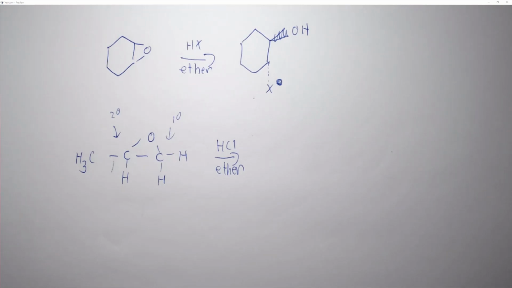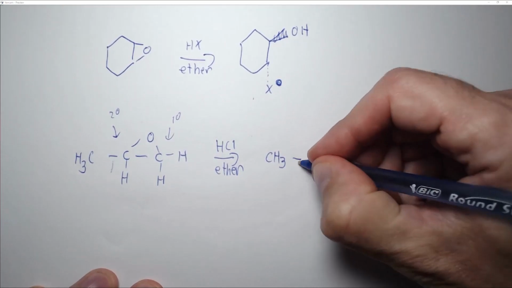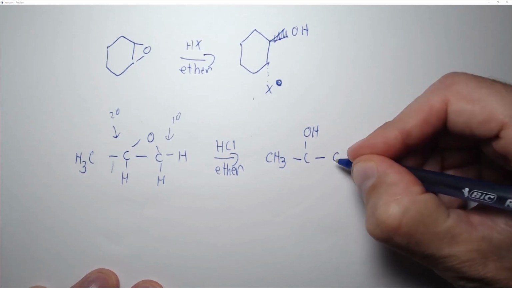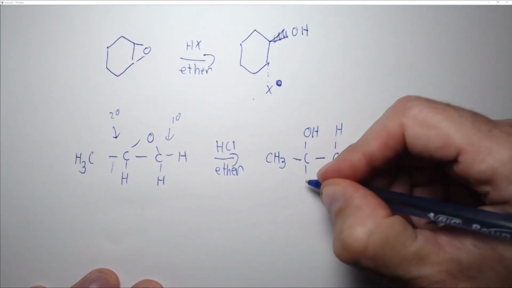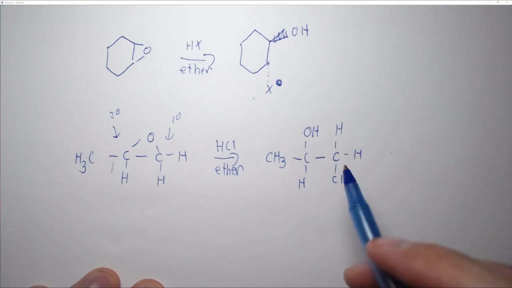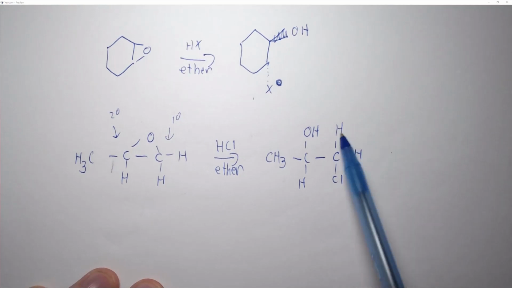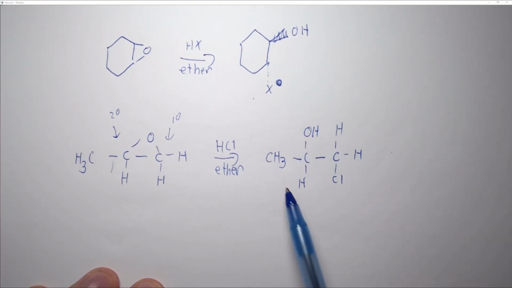Well, it turns out that we get CH3, bond C, bond OH, bond C, bond H, bond H, bond Cl, bond H. Okay, and notice, because this all has single bonds, there's no stereochemistry here in terms of cis and trans.